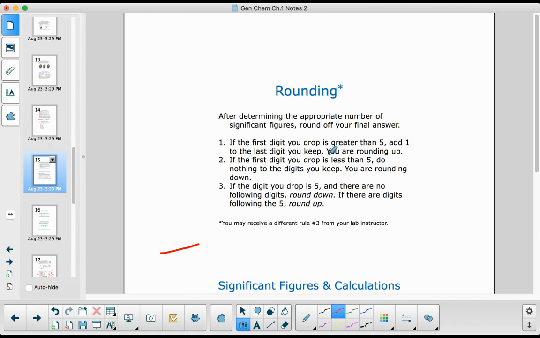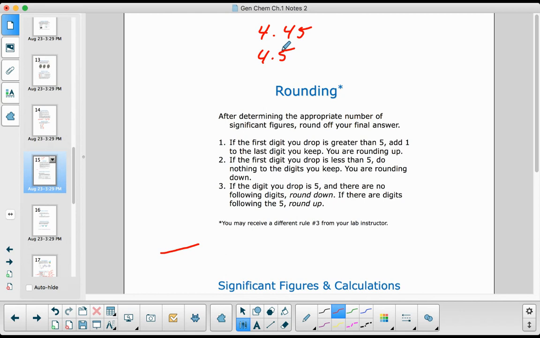Then rounding. All of the rules are here, to make it as simple as I can for you. If I have a value like 4.45, and I needed to report this in 2 sig figs, then I would have to round it up to 4.5.